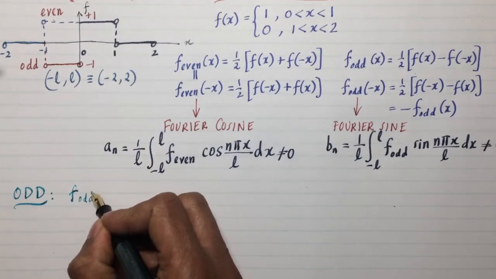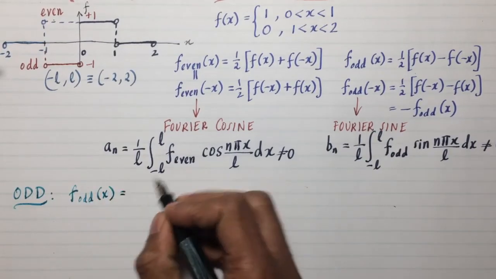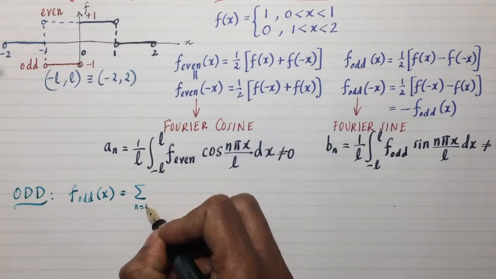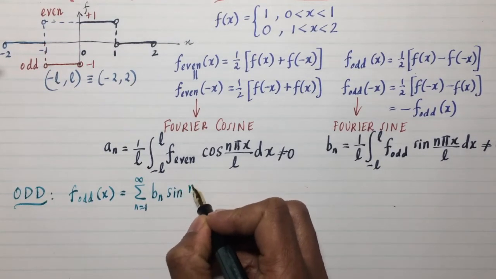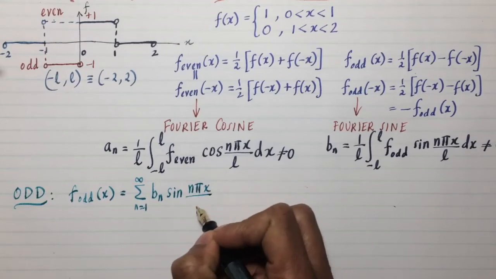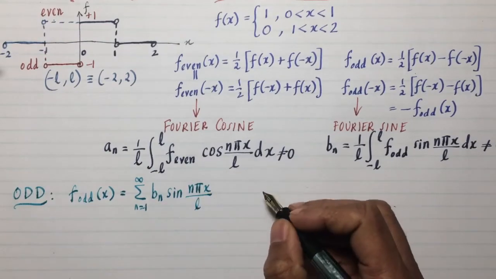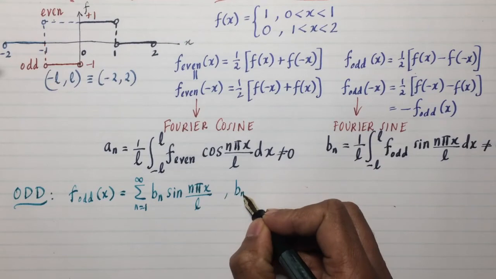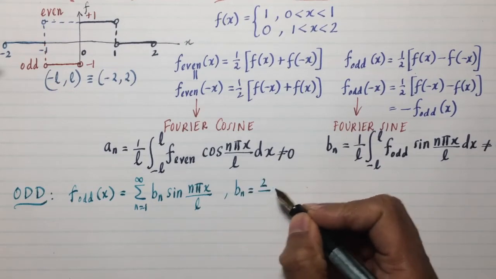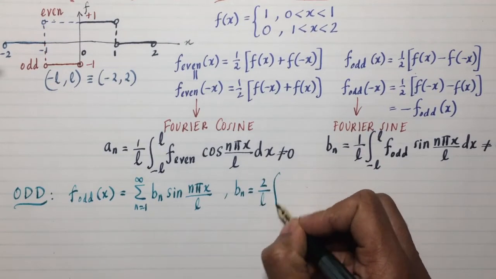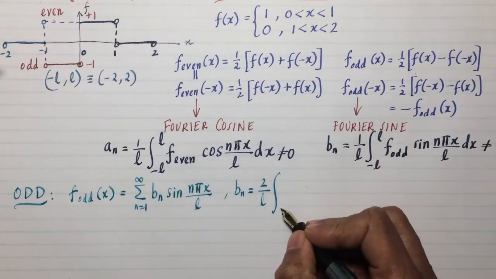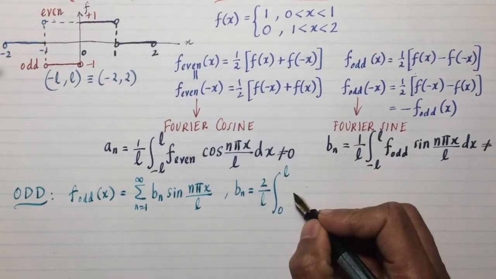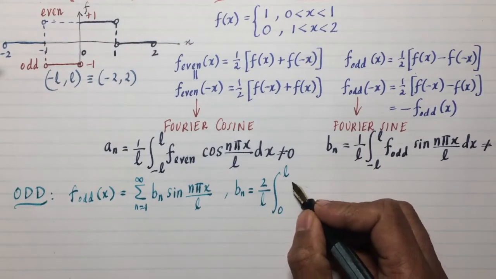So I know that f odd of x has to be the sum from n equals 1 to infinity of b n sine n pi x over L. In other words, it's just a Fourier sine series, with b n itself defined by 2 over L. Observe this. I'm writing 1 over L, negative L to L, as 2 over L, 0 to L. That can be done because of symmetry.